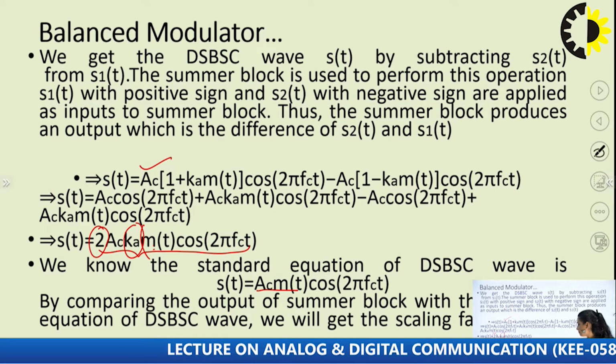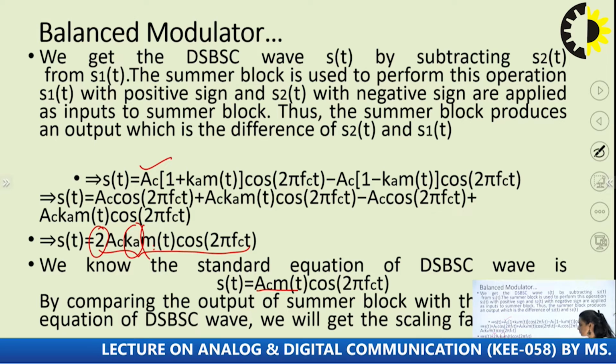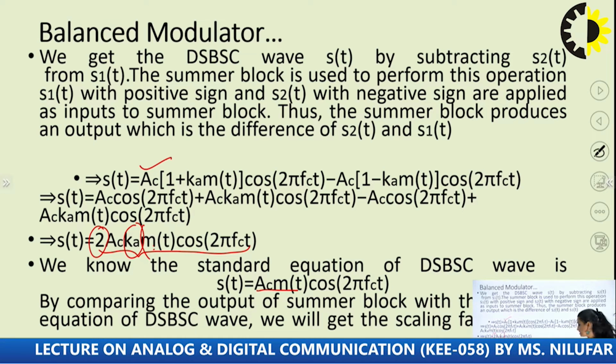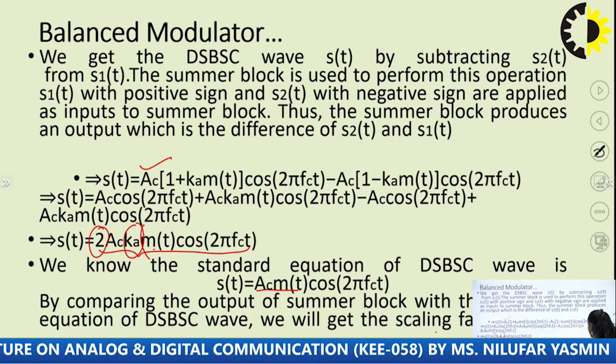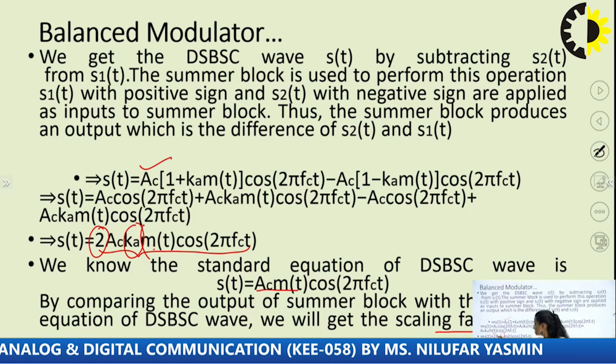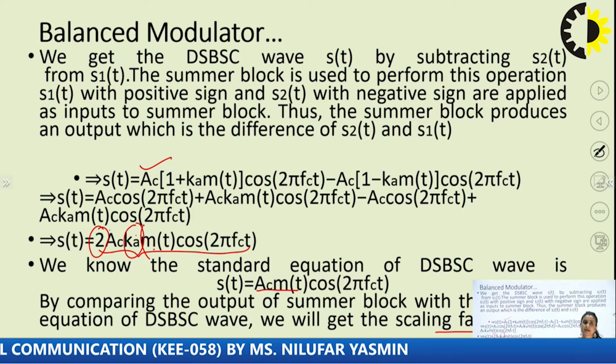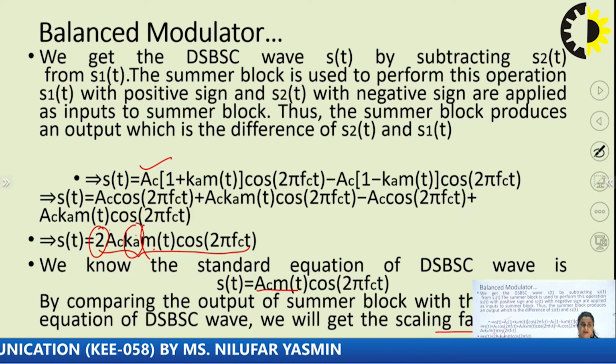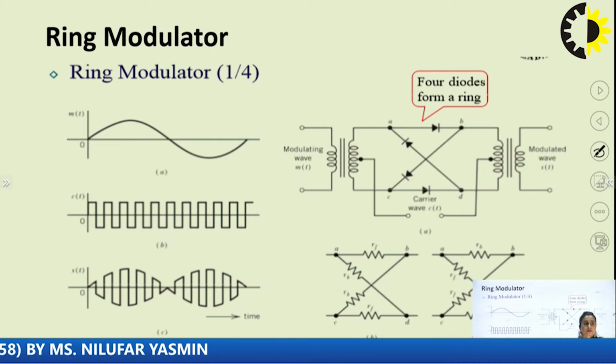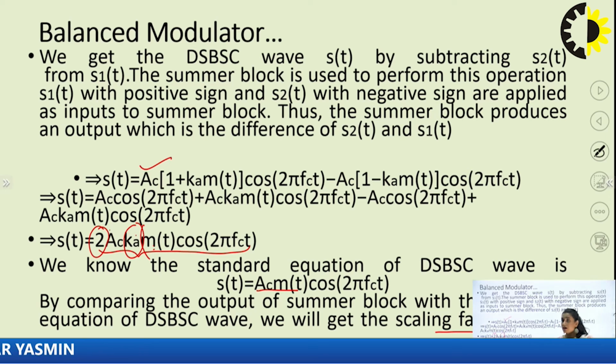By comparing the output of the summer block with the standard equation of DSB SC wave, we get the scaling factor as 2Ka. This is the scaling factor added to my standard DSB SC, which can be taken care of, right? So this is how we generate DSB SC using balanced modulator.